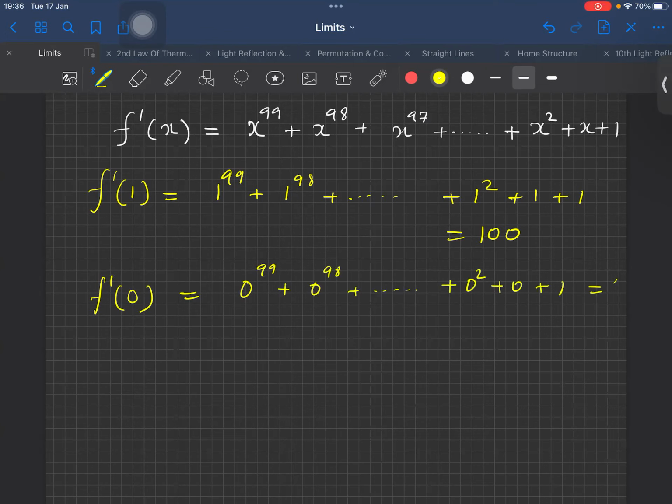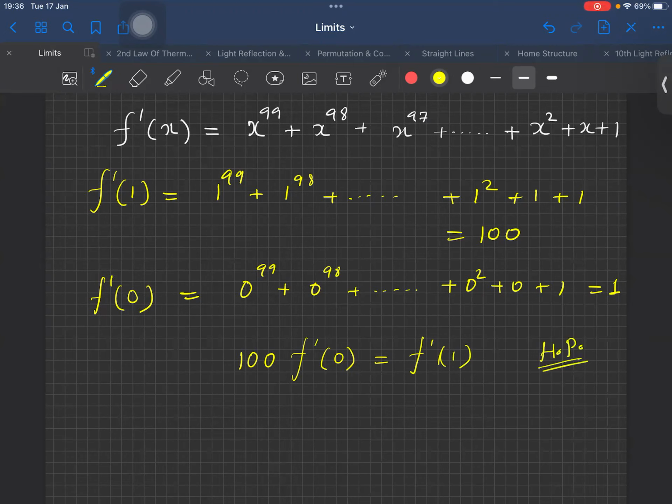This will be equal to 1. So clearly 100 times f'(0) is equal to f'(1). Can we write like this? Hence proved.